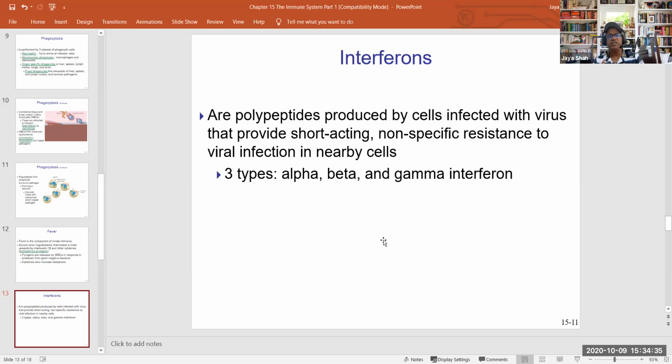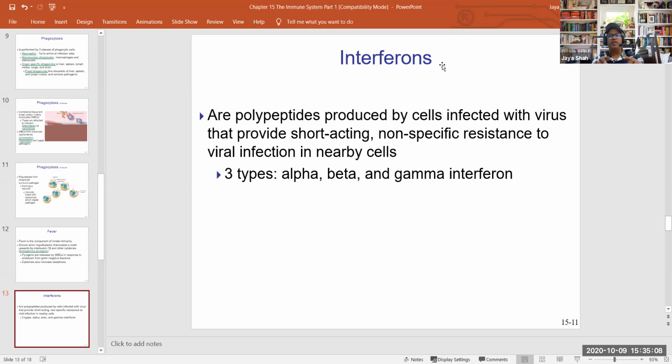the virus enters your cell and controls your nucleus and the function of that cell and produces more and more virus. And that virus then is released from that particular cell and infects other cells. But at the same time, our nearby normal cells in our body start producing a protein, and that protein is called interferon.